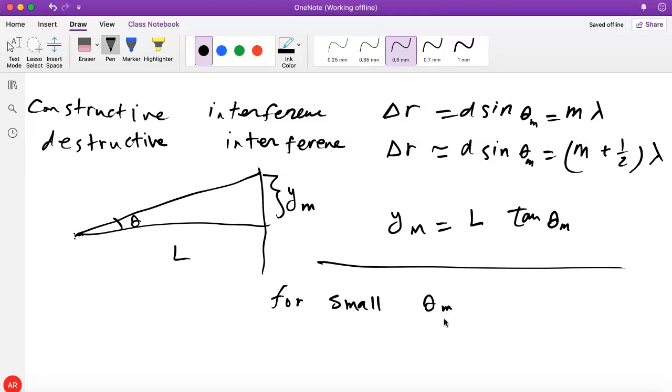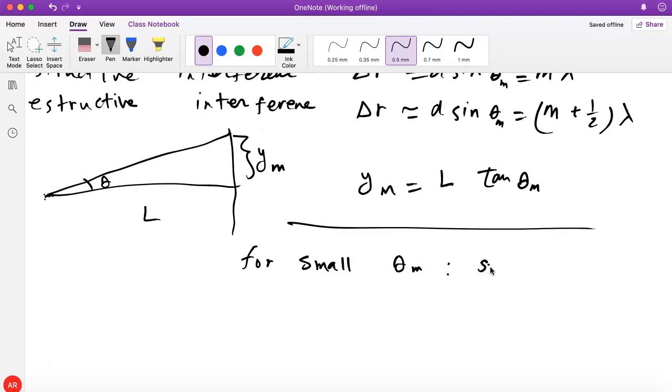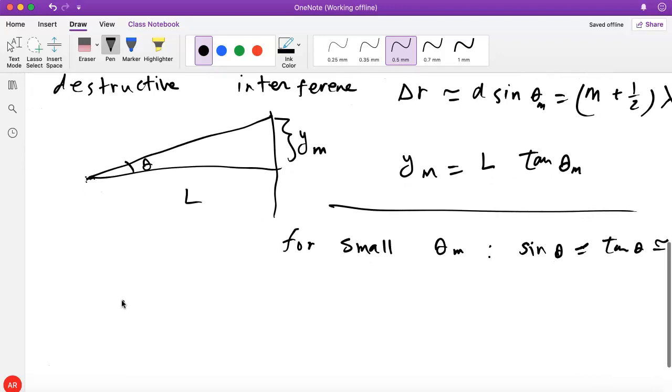We can further, if also the angles are small, make the small angle approximation. We have sine theta is approximately equal to tangent theta is approximately equal to theta itself, right? Thinking about a unit circle and a tiny angle here, theta is the length of this curve here.